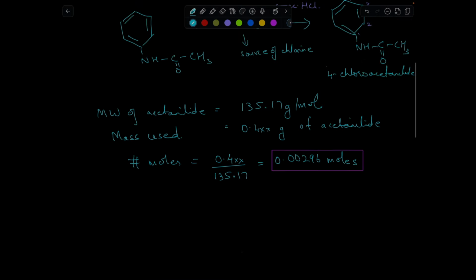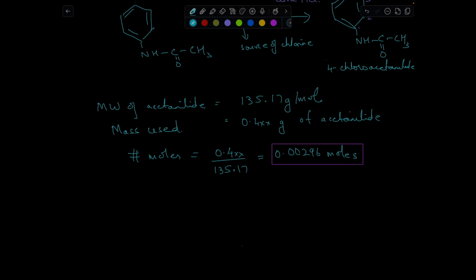On the side, just to clarify how we got the molecular weight of acetanilide, we have 8 carbon atoms. If you look at the structure, 1, 2, 3, 4, 5, 6, 7, 8. And so 8 times 12, which is the molar mass of carbon, is 96. We have nine hydrogen atoms, 5 on the ring, and then we have a methyl group and a carbonyl group.